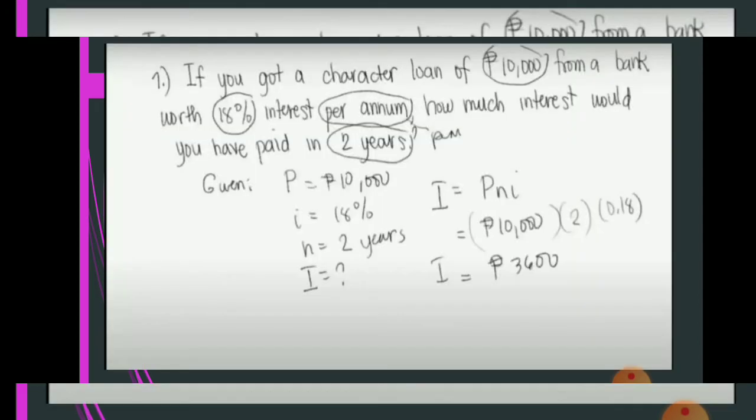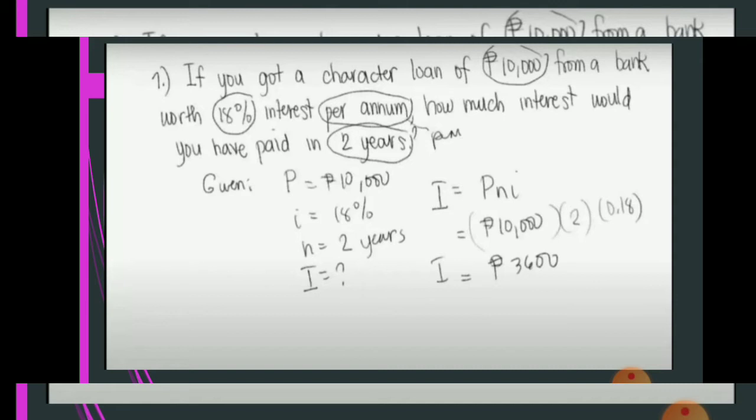So, next. Meron akong example. If you got a character loan of 10,000 pesos from a bank worth 18% interest per annum, how much interest would you have paid in 2 years?